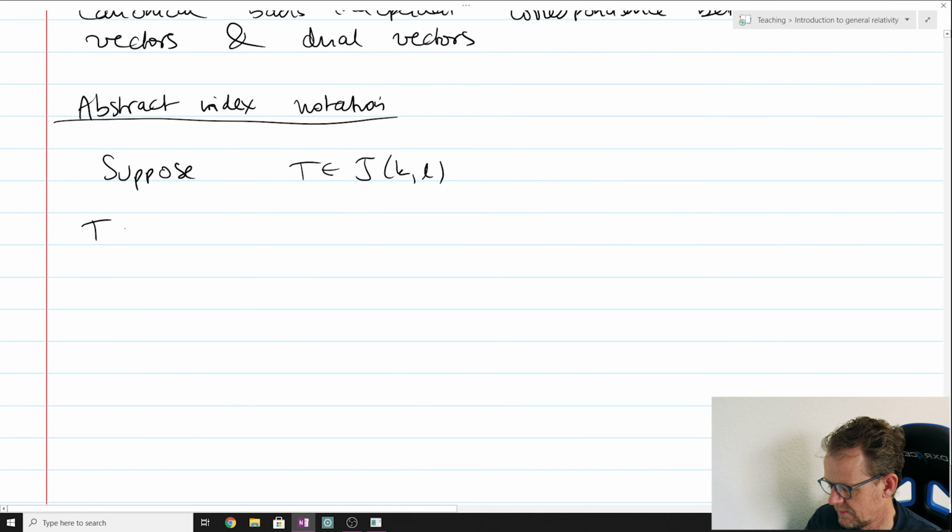So we can think of T as a multilinear map.